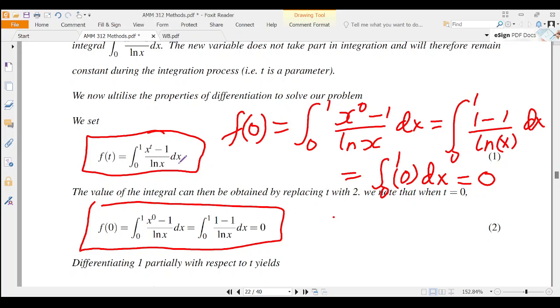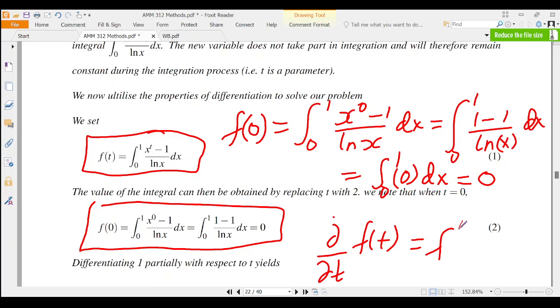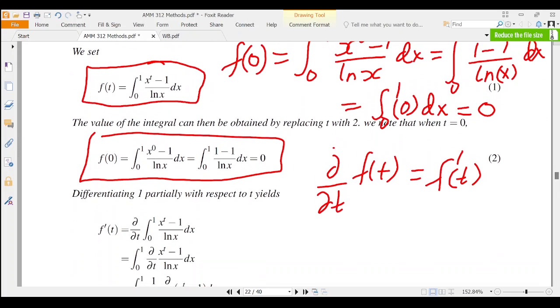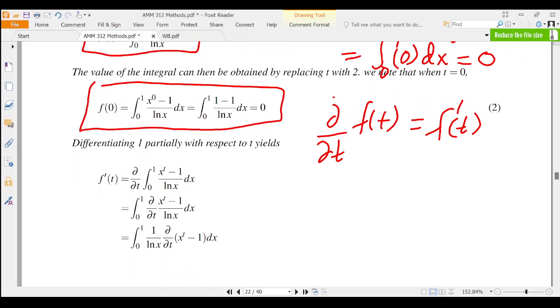So we want to differentiate the function f of t with respect to t. So we write the derivative with respect to t of f of t. I'm going to denote this by f prime of t, the derivative of the function f of t with respect to t.